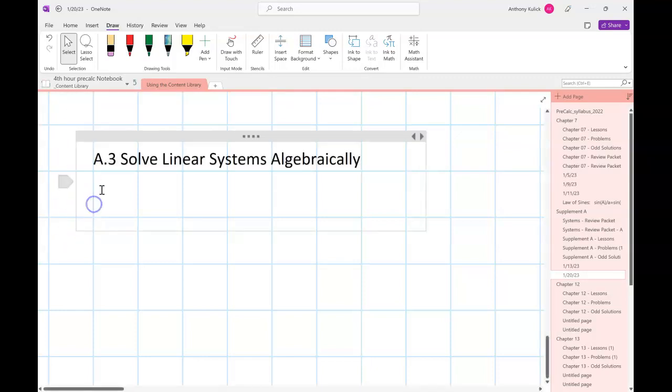So previously, last time we met, we talked about solving systems by graphing, right? What's the big downside to graphing? We just kind of talked about it. Neatness counts, right?